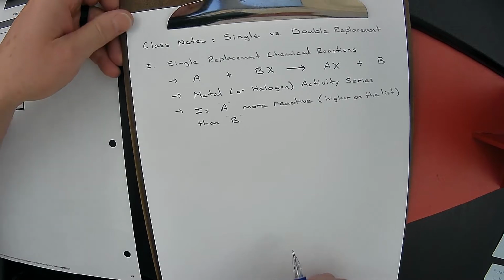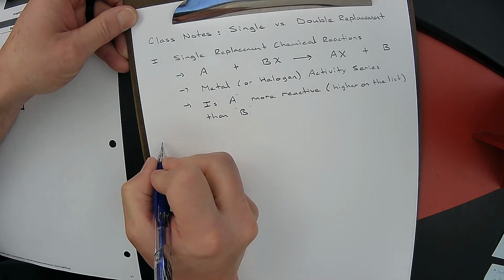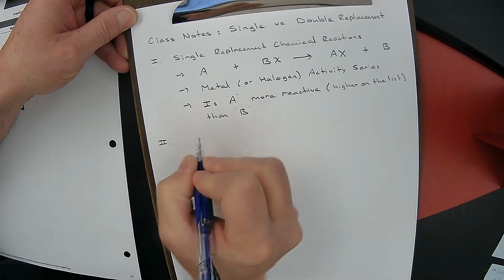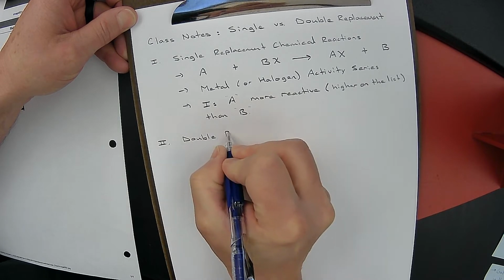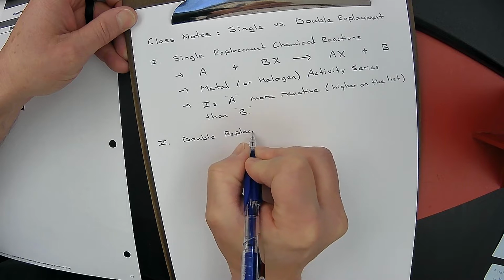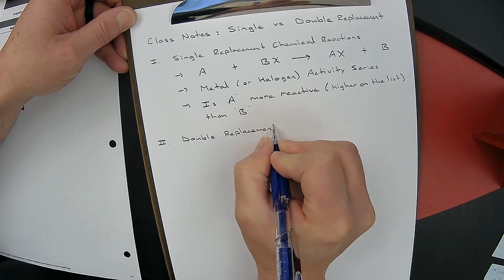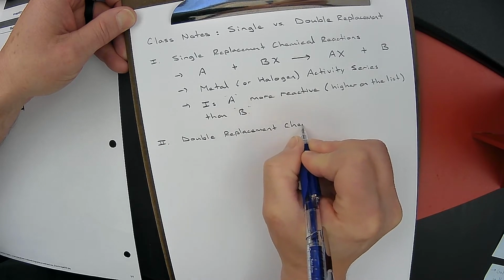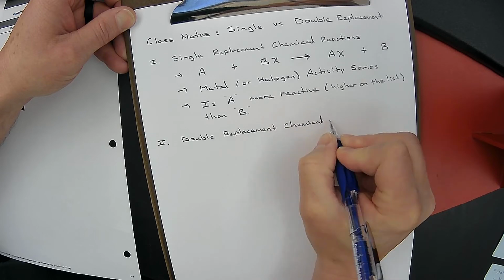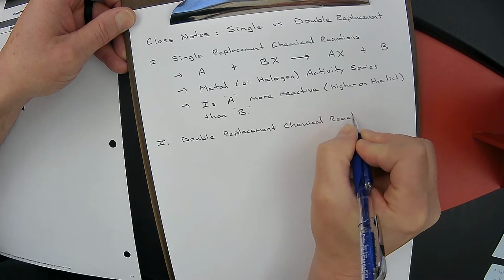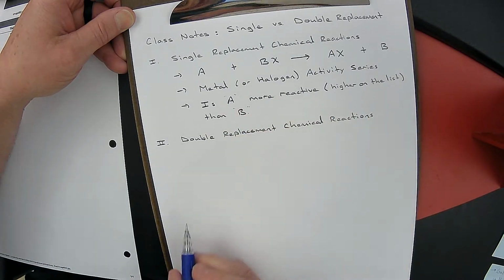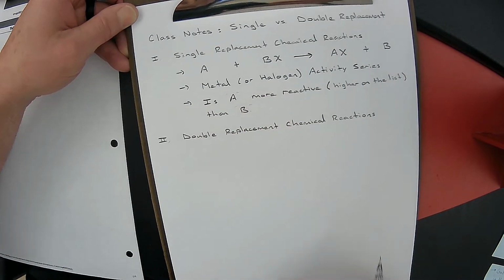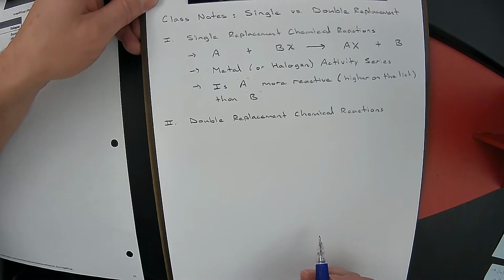Now we're going to be transitioning into looking at double replacement chemical reactions. We're going to go through the exact same process with double replacement chemical reactions. We're going to put a pattern down, find out what we actually look at, and then how we analyze it to see if it's going to happen.